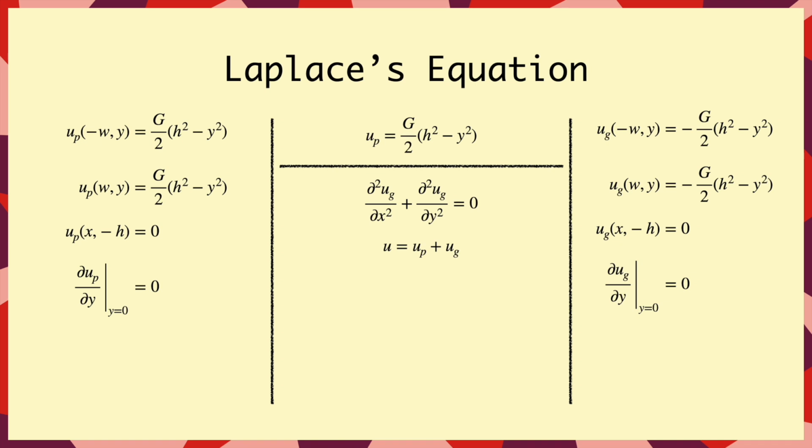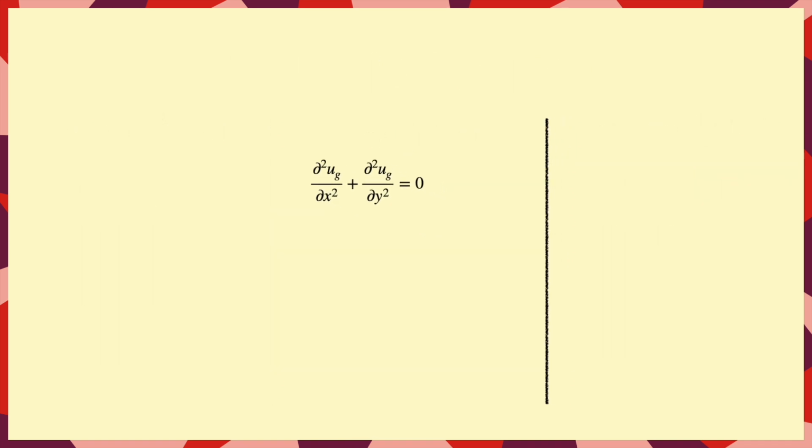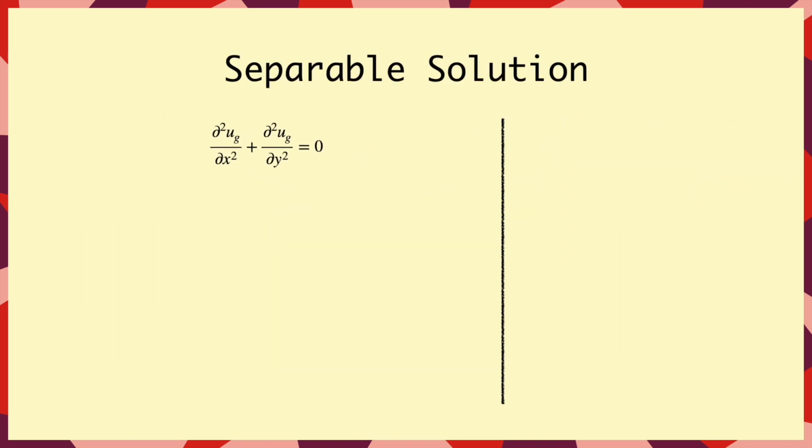Now to actually solve Laplace's equation, we're going to look for a separable solution of the form f of x times g of y. And if we plug that assumption in, we can do some rearranging to get an equation where the left-hand side only depends on x, and the right-hand side only depends on y. And this step wouldn't work if we still had that minus g floating around and getting in the way.